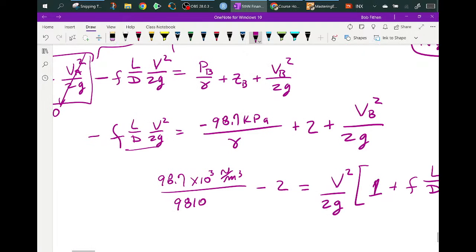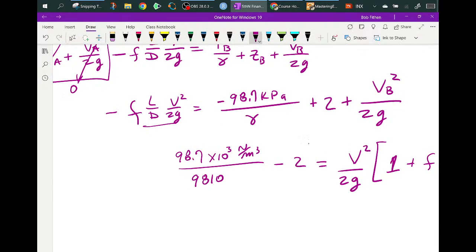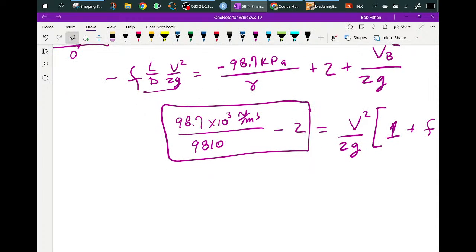But before I leave you with the rest of the problem, I want to make sure this number, 98700 over 9810 minus 2, I just want to figure out right offhand what that value is.